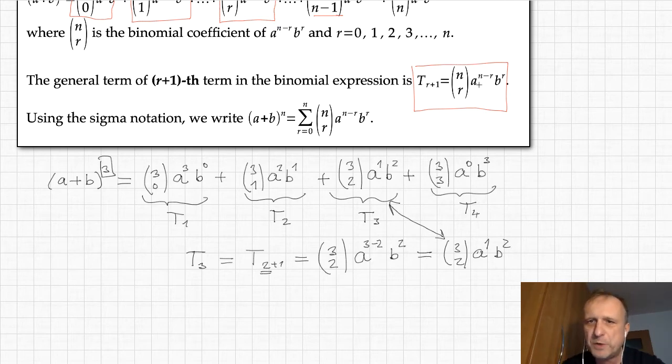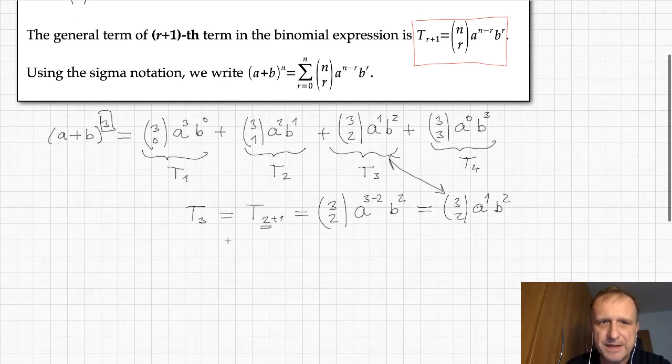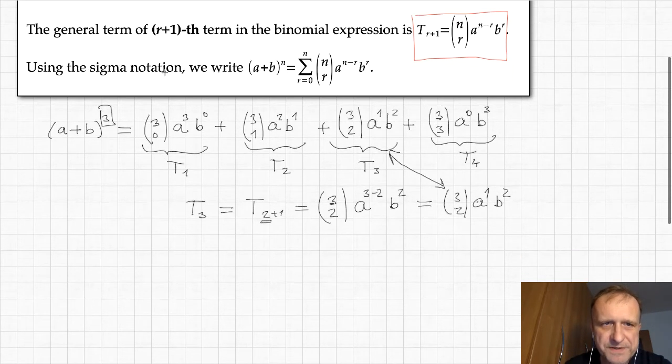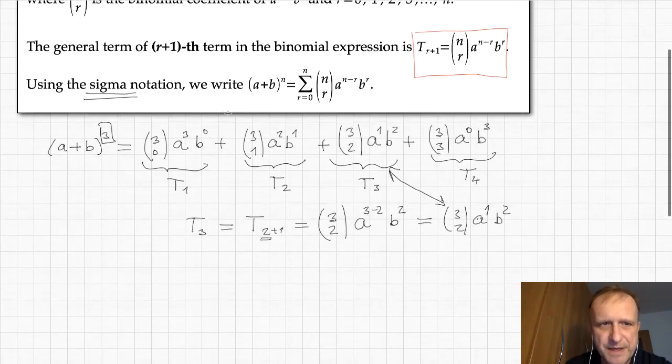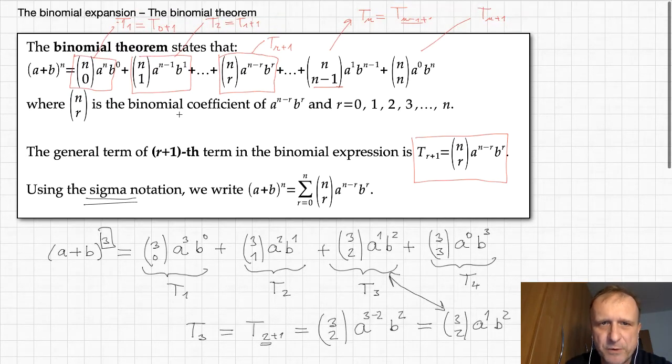So this formula tells you what the power of a and power of b in the r plus 1th term are, and what the coefficient of this term is. Now, the last line of this box mentions something which is called sigma notation. When somebody uses sigma notation, it will enable him or her to write shorter than this.